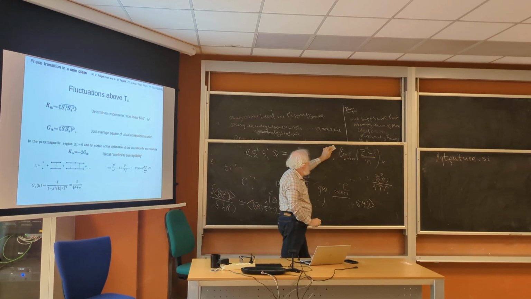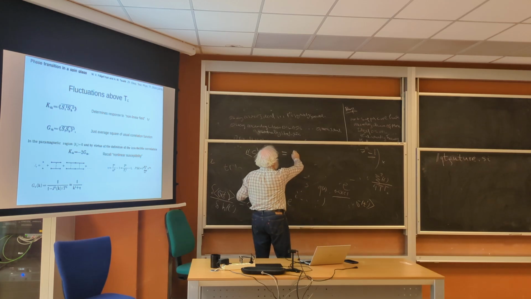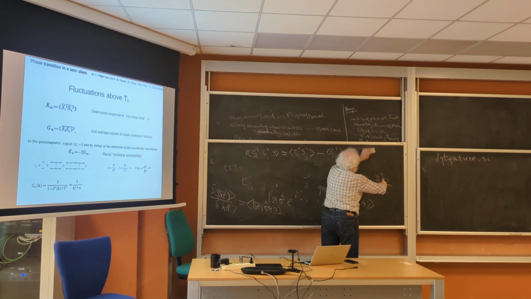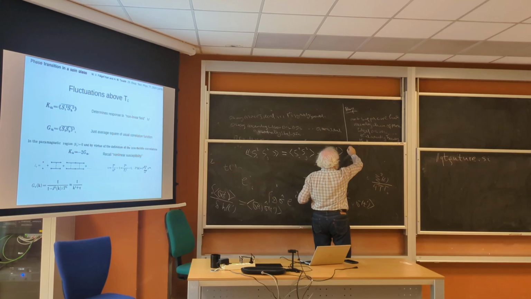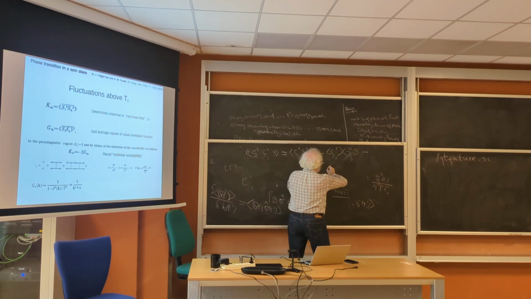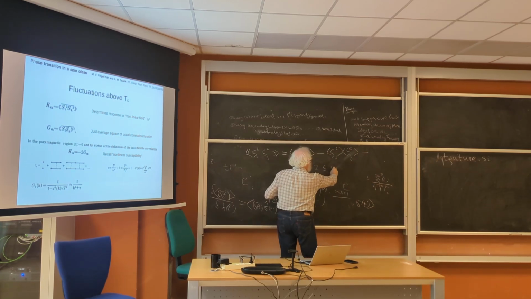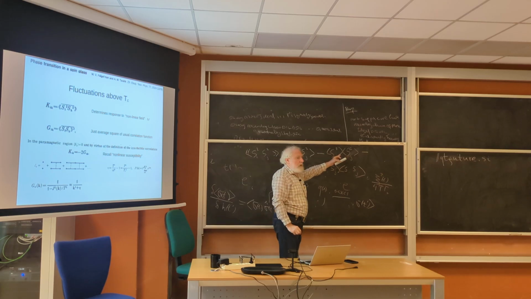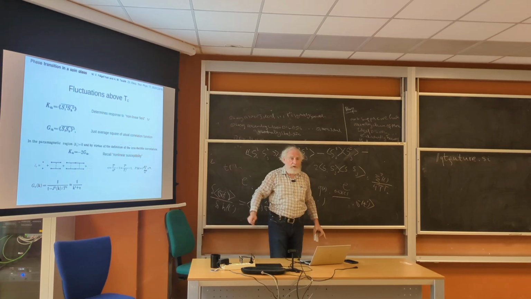It means we take Si squared, Sj squared average minus Si squared average, Sj squared average, minus 2 Si Sj. These two cancel each other because it is 1 and this is 1. And the rest is just minus 2 of this J.